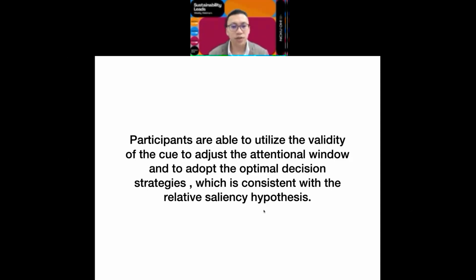If you just want to detect a feature target in a display, in the traditional Treisman's viewpoint, participants should always process the target information in parallel. But here, you can see participant strategies are affected by the cue validity information. And you can see in some cases, participants can serially process the information.